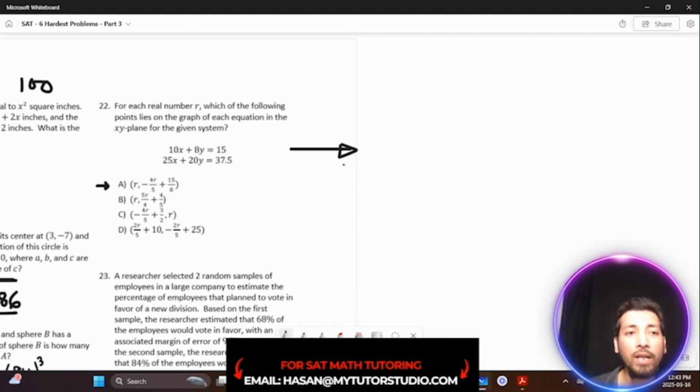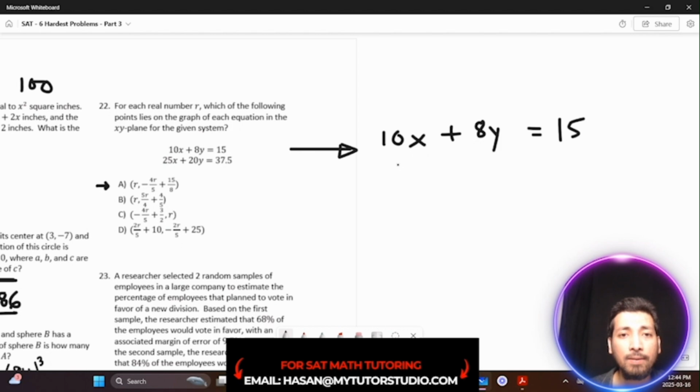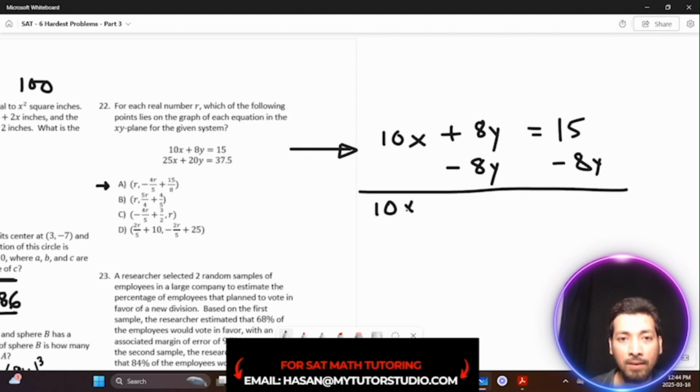So I'll take the first equation, 10x plus 8y is equal to 15, and isolate the variable x. I'll subtract 8y from both sides. I have 10x is equal to negative 8y plus 15. Divide that by 10.